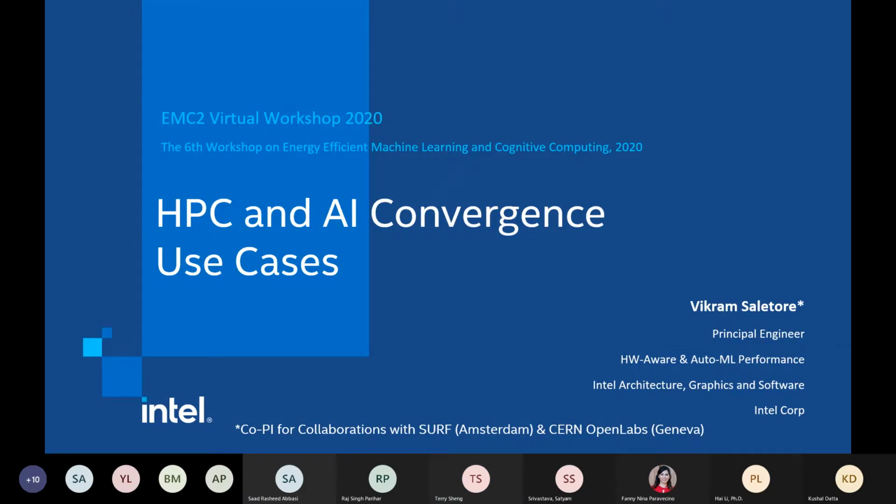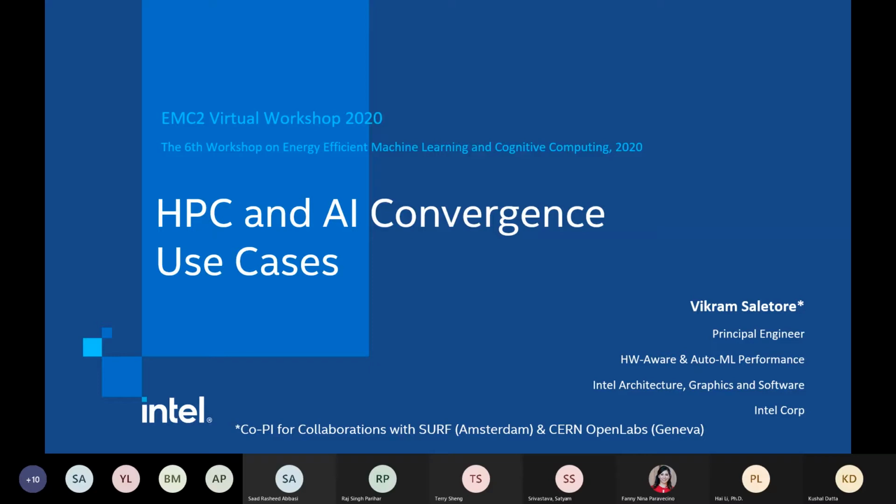So I'm part of the Intel architecture and graphics software, and my focus area, at least for the past, more recently, has been on hardware aware and AutoML performance.